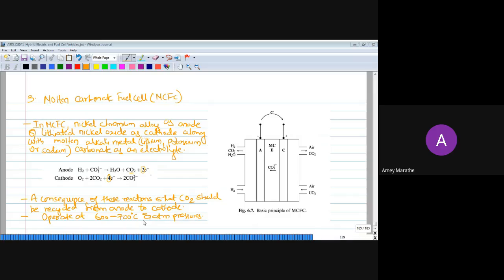So that is one drawback, because the high temperature works in the wrong way for them to be used in EVs. I'm not going into the details of it because it is not used in EVs. So we know the reason why. The temperature is the main reason.